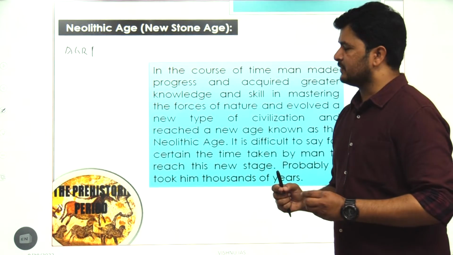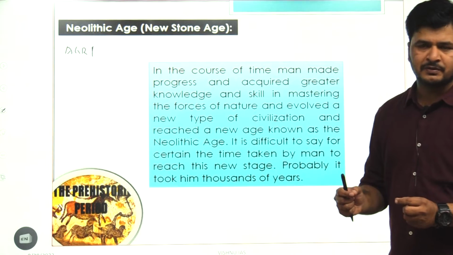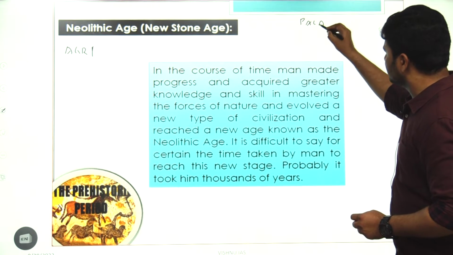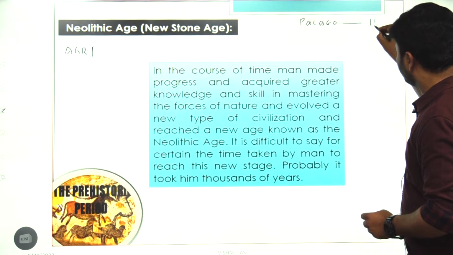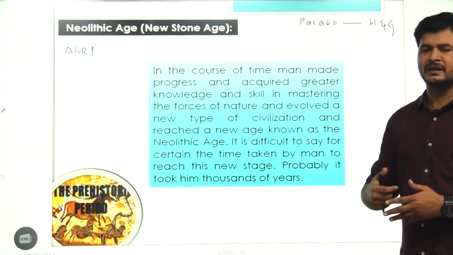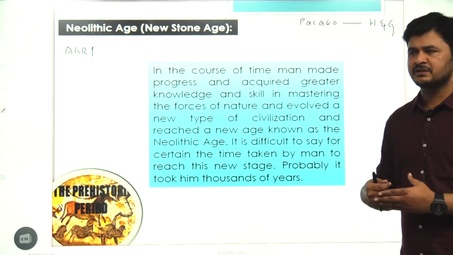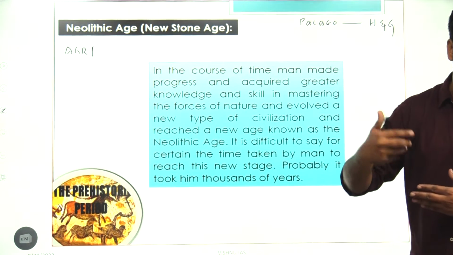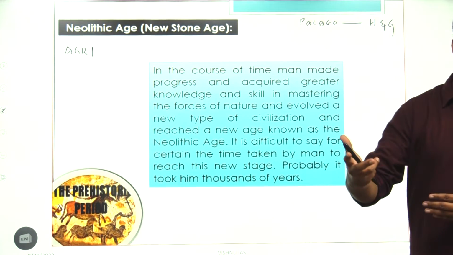When we understand the economic subsistence of prehistoric cultures, Paleolithic, that is hunting and gathering. That is the reason we branded Paleolithic people as nomads, moving from one place to another.